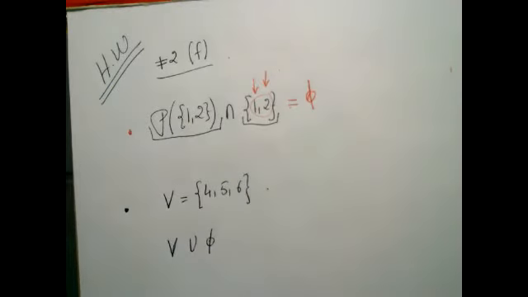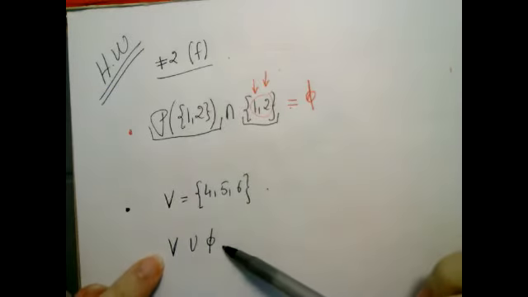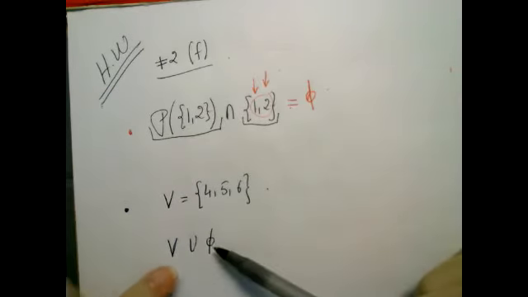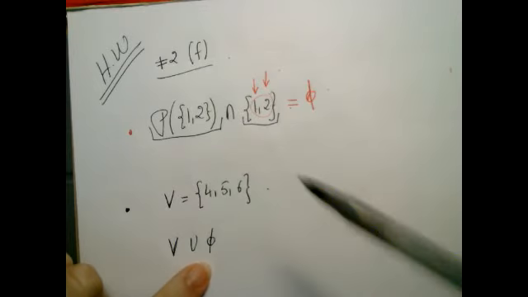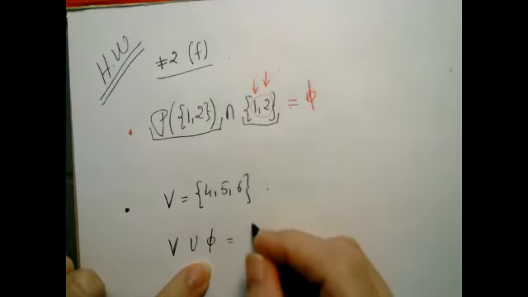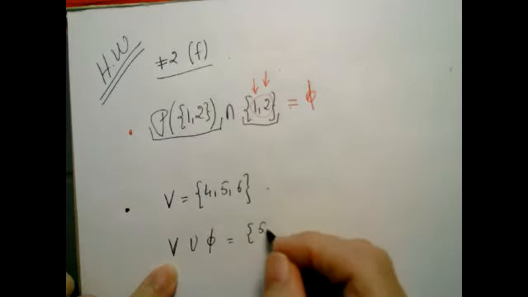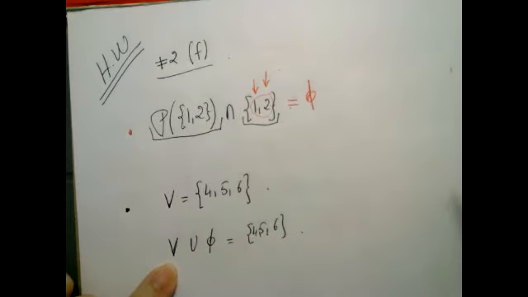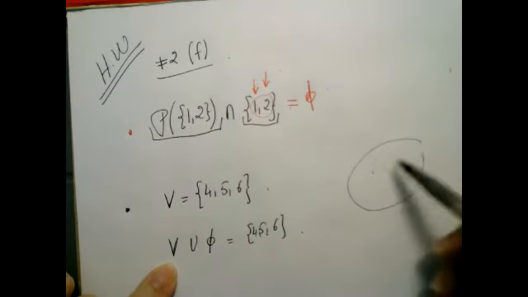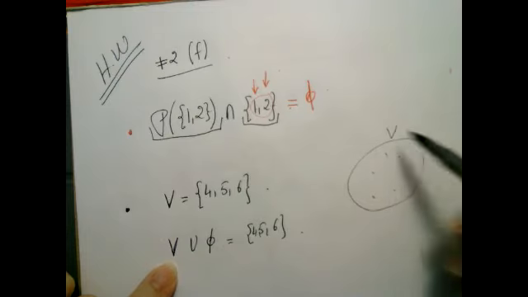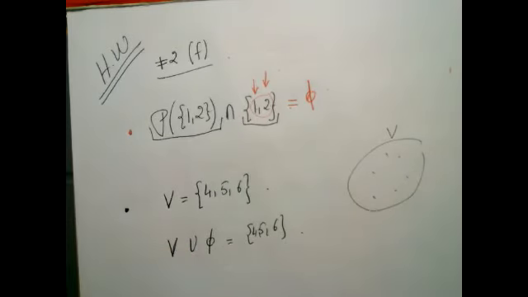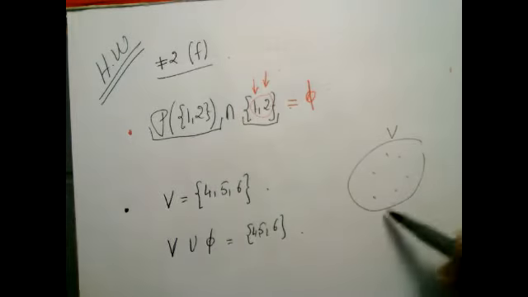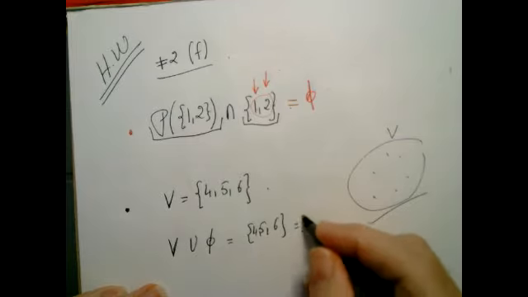It means everything which is here or here. But there is nothing here, so the union is nothing more than V itself. You take everything in V and everything in the empty set, but there is nothing in the empty set. So the union is V itself.